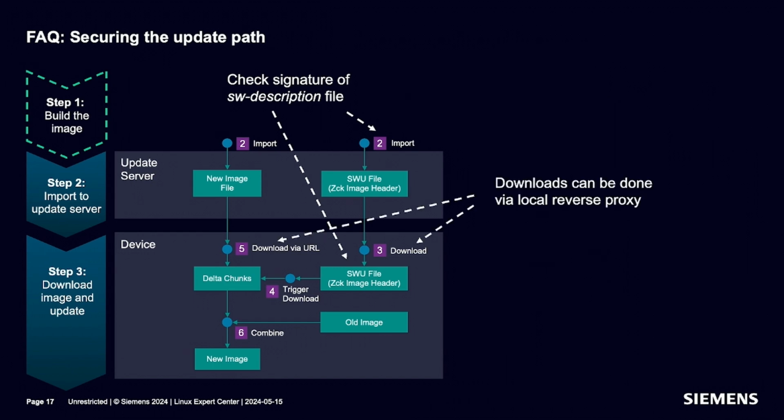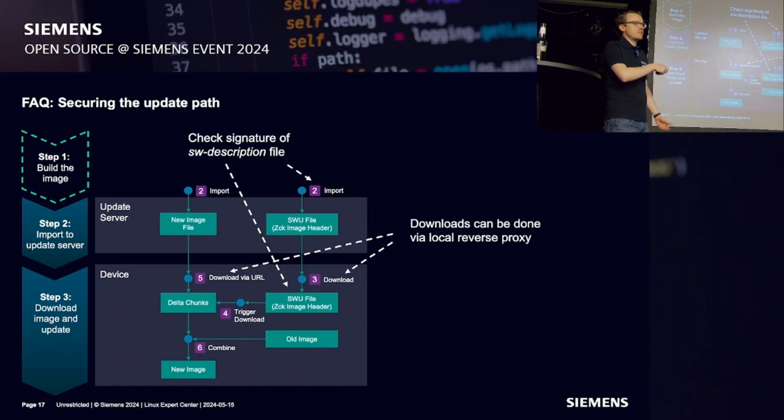Then, in case of Z-chunk, you have two download paths. One is here for the SWU file. This is pretty standard, like before. The second one is the Z-chunk image, which you download via HTTP from a URL. But this URL is part of this file, so you cannot change it, because it's integrity protected.